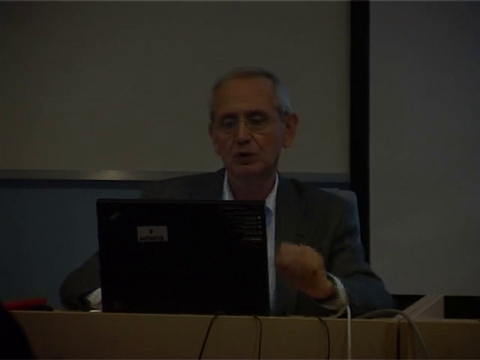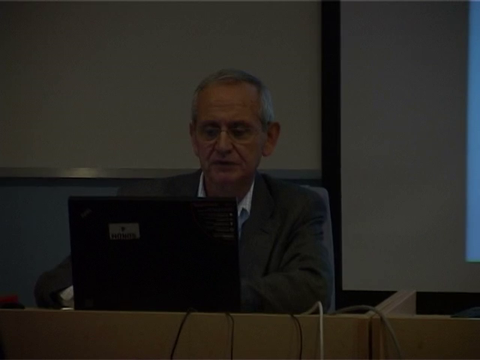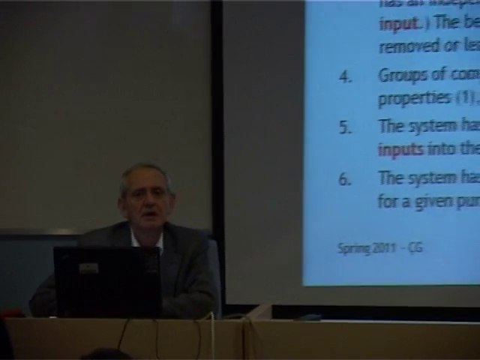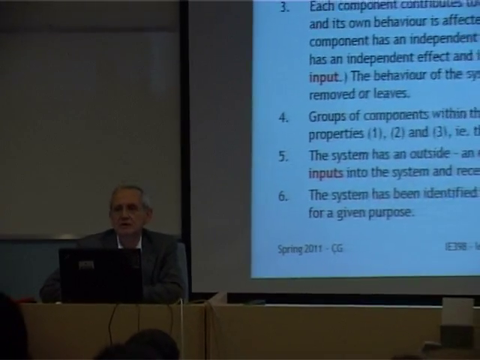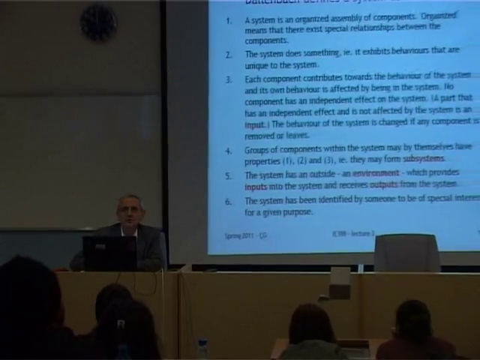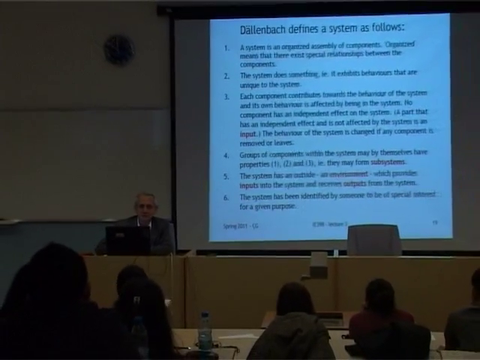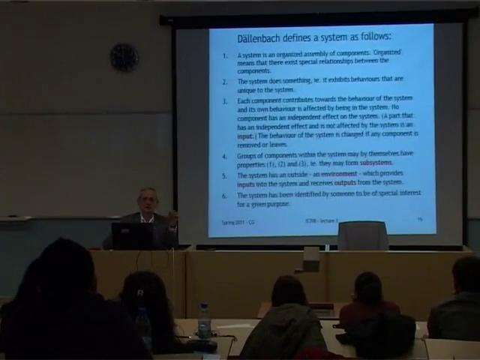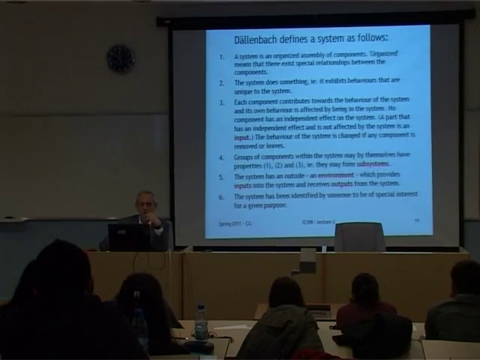Dellenbach, our textbook, provides definitions like this. You can read these, they are easy to understand. And you can also read The Nature of System by Russell Ackoff, the second reading we posted at the website. It does the same thing very usefully.